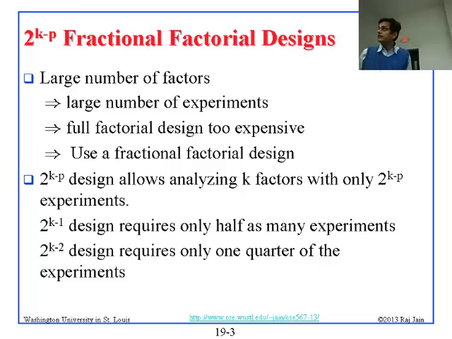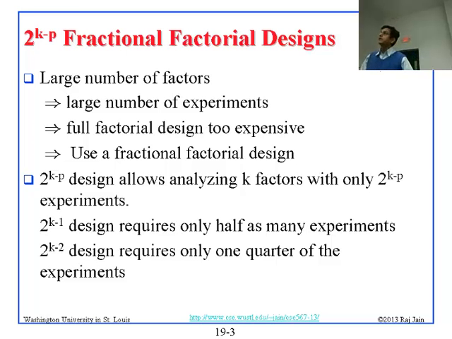Now, it allows you to analyze k factors with only 2 raised to k minus p experiments. For example, if you do a 2 raised to k minus 1 design, you can do only half as many experiments, 2 raised to k minus 2, only 1/4, and so on.